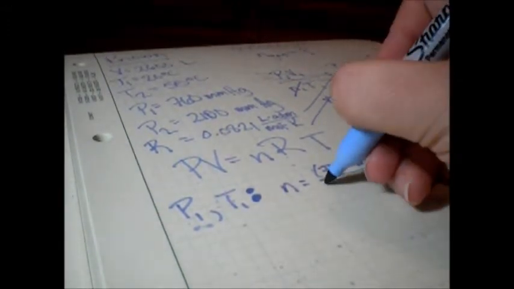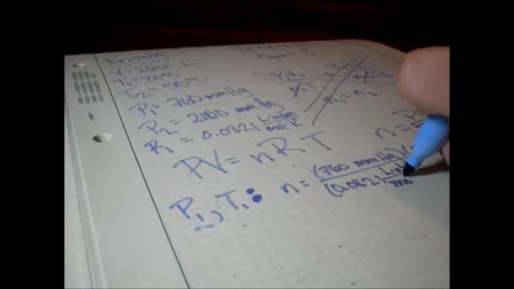So using the initial values, we'll see N equals P1, 760 millimeters of mercury, times V, 2,600 liters, over R, 0.0821 liters atmosphere per mole Kelvin, times our temperature, T1, was 20 degrees Celsius.